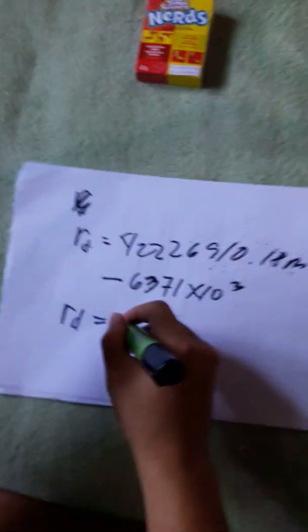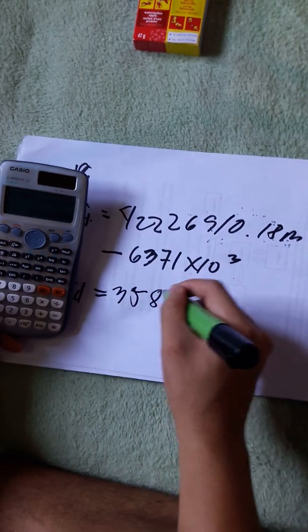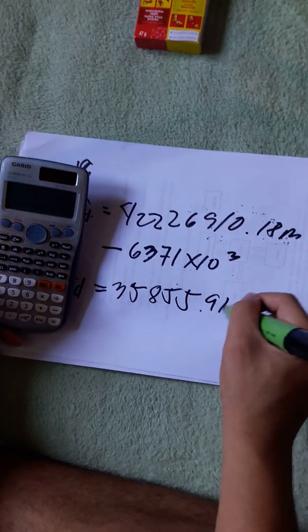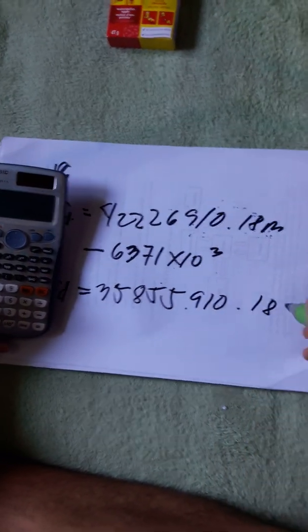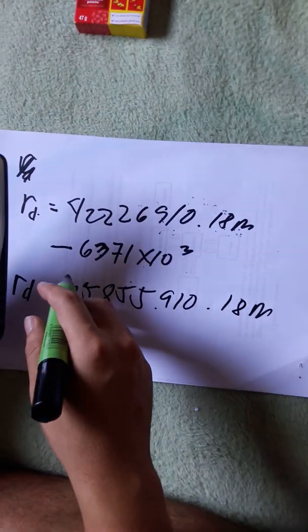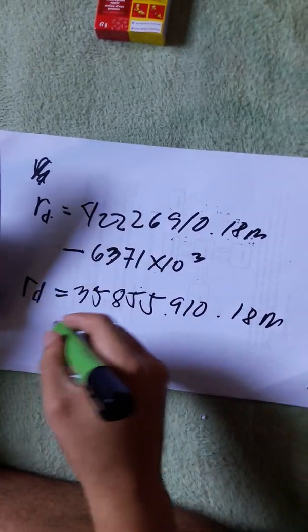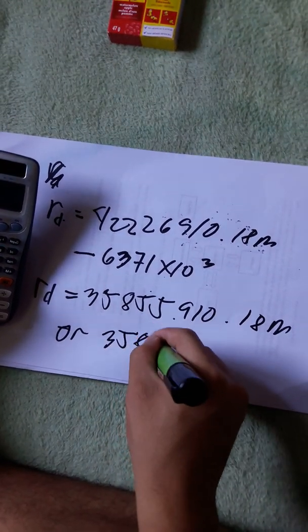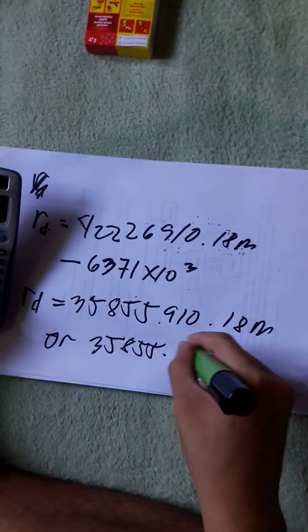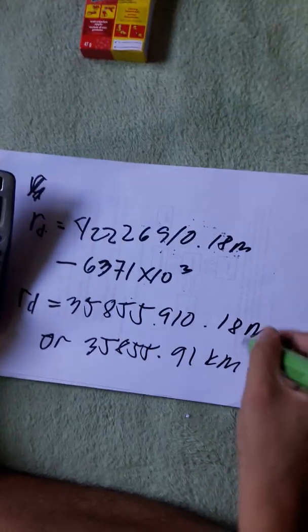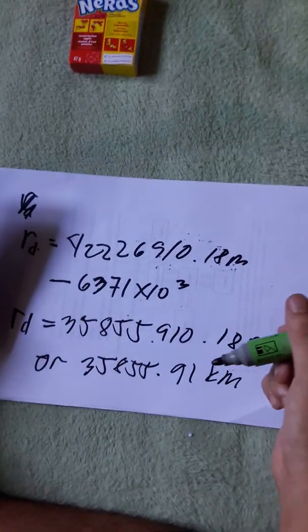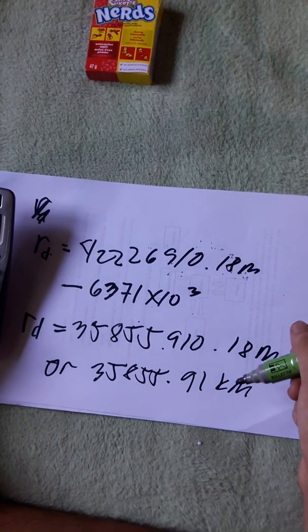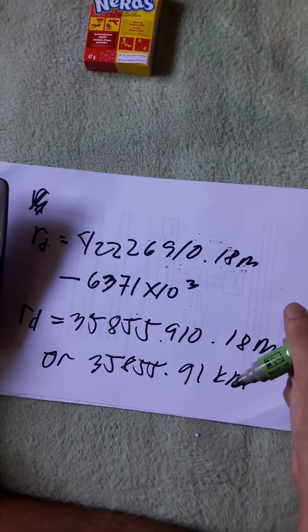So we have 35855,910.18 meters, or 35,855.91 kilometers, which is the distance from the Earth to the satellite. And that concludes my discussion. Thank you.